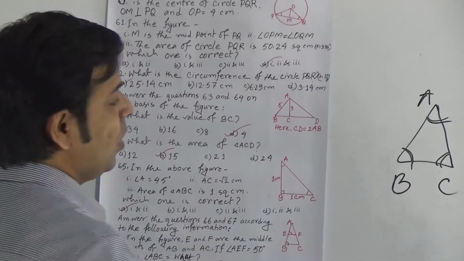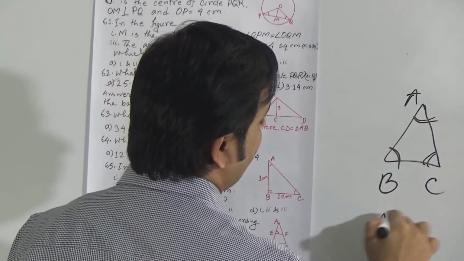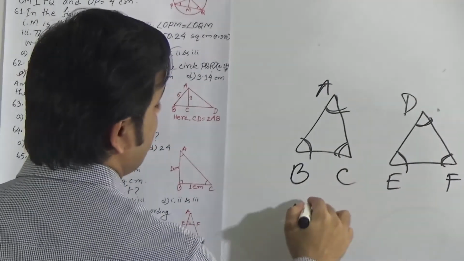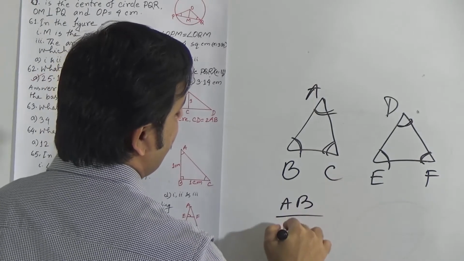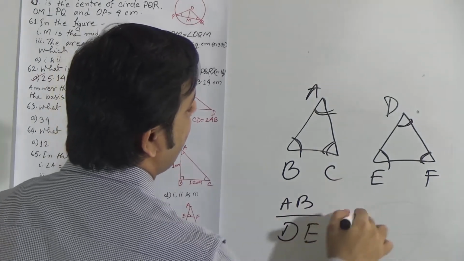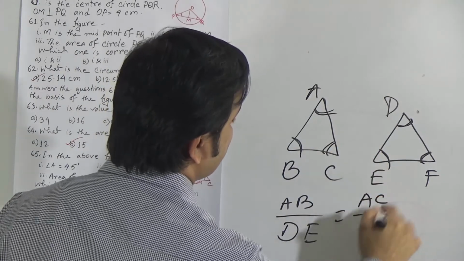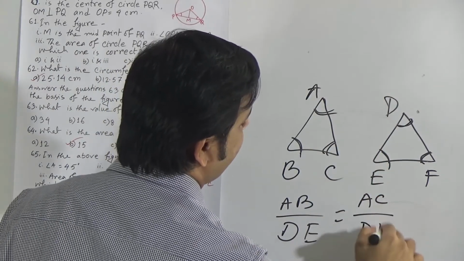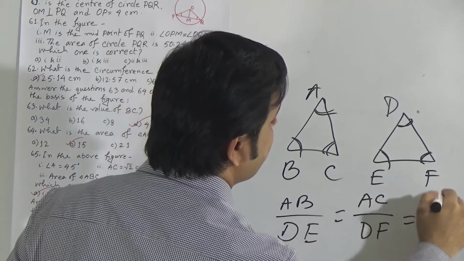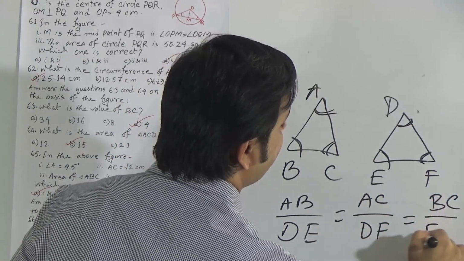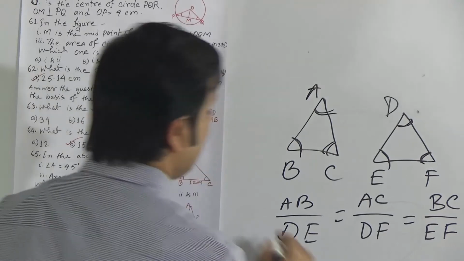So we can say the ratio of these two similar sides, AB by DE, will be equal to the ratio of another two sides, AC by DF, and BC by EF.